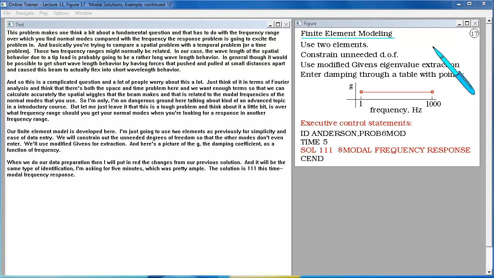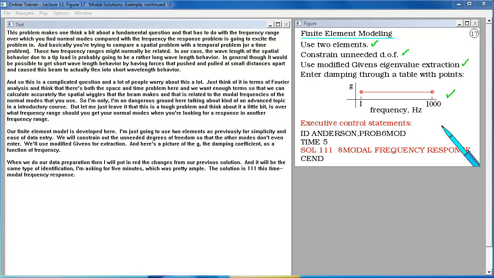Our finite element model is developed here. I'm just going to use 2 elements as previously for simplicity and ease of data entry. We will constrain out the unneeded degrees of freedom so that the other modes don't even enter. We'll use modified Givens for extraction, and here's a picture of G, the damping coefficient, as a function of frequency.